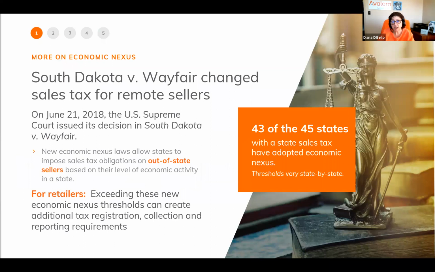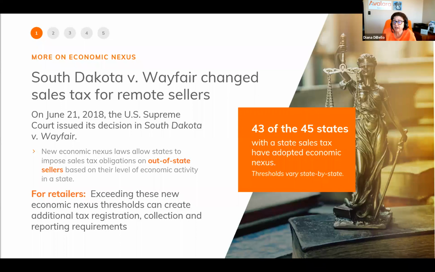So we talked about economic nexus. Back in 2018, there was a US Supreme Court case called South Dakota versus Wayfair. It was the most exciting thing that happened in sales tax since 1992 when Quill Corp was handed down by the US Supreme Court. But basically what this decision stated was that the economic nexus laws that South Dakota had implemented were valid, and they were okay to have those economic thresholds to create that nexus for out-of-state retailers or remote sellers.